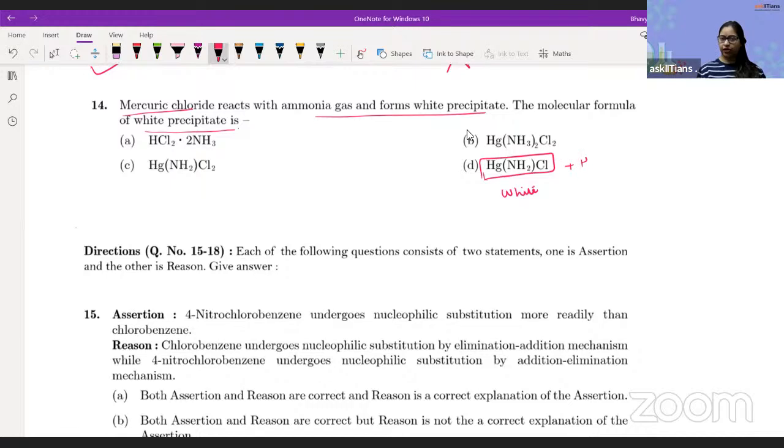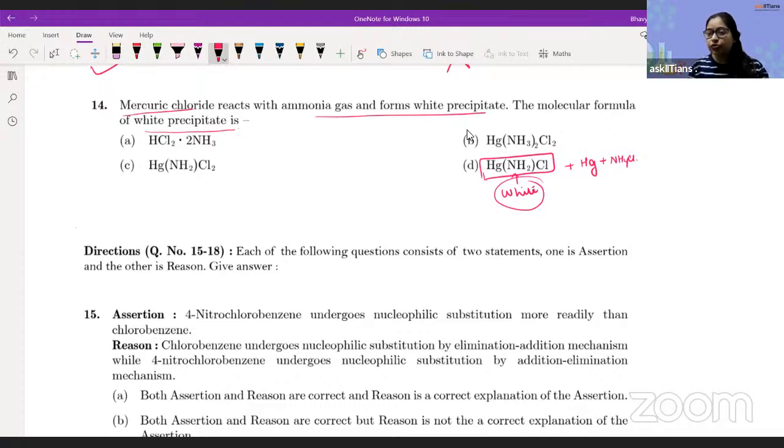And apart from that, you also get mercury plus ammonium chloride in this reaction. So the white precipitate is due to this formation, right? And it is given in your books. Clear?